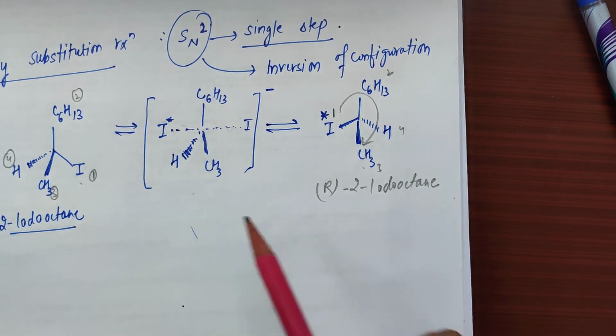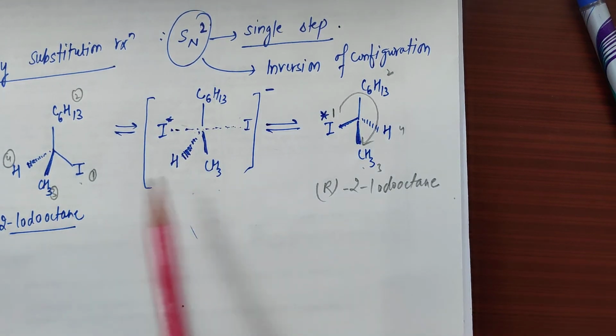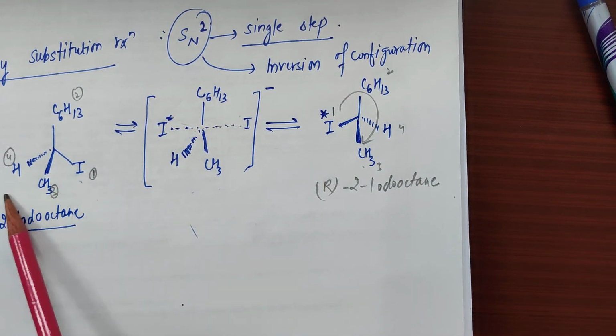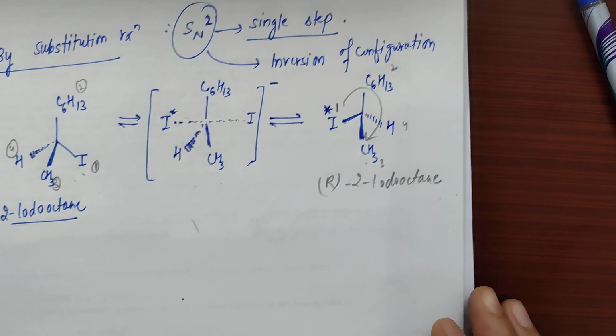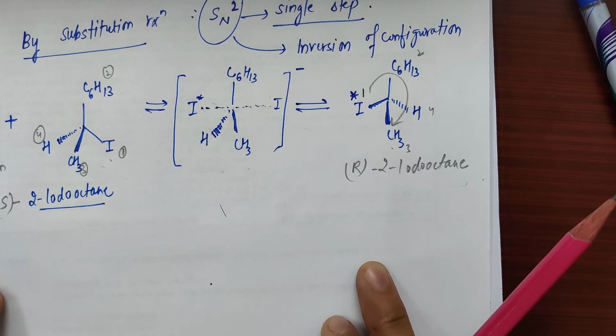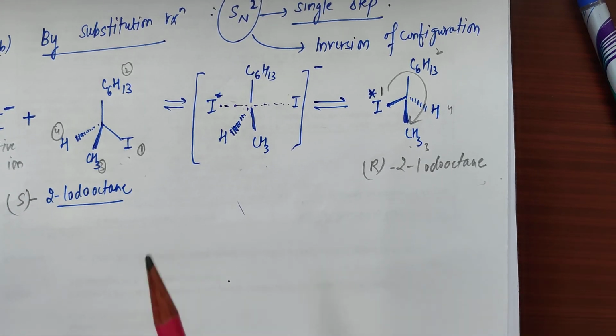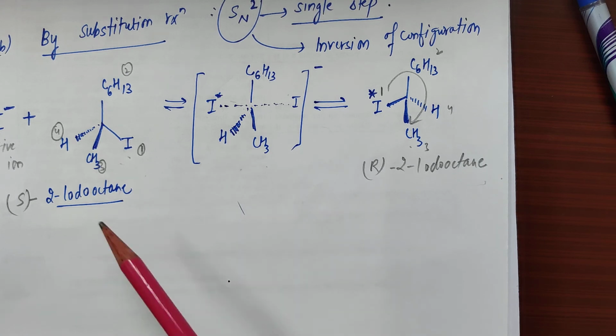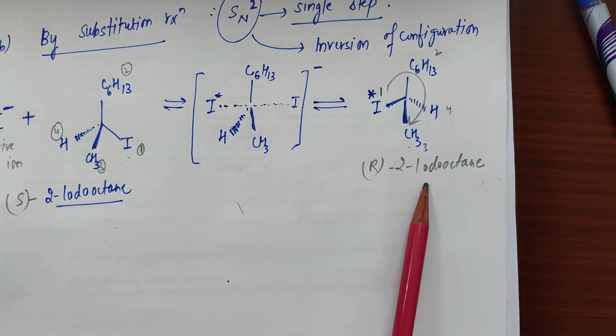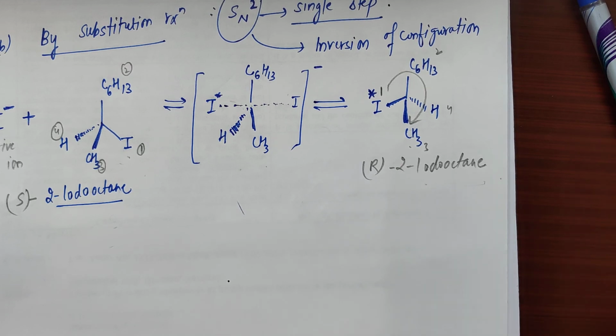So the formation of both the products, this as well as this, is there, so you will be getting a racemic mixture. So the substitution reactions involving SN2 mechanism can also provide us the racemic mixture of our desired compound, okay.